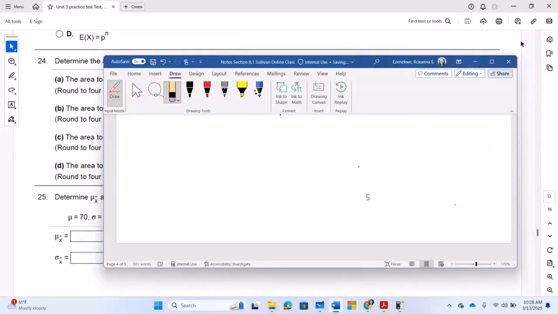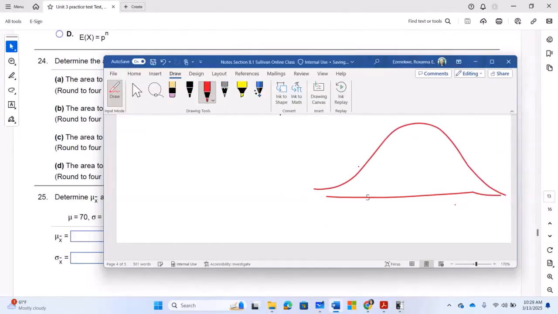Okay, so what do I know? I am already told that I'm looking for area to the left of 0.71, z equal to 0.71.